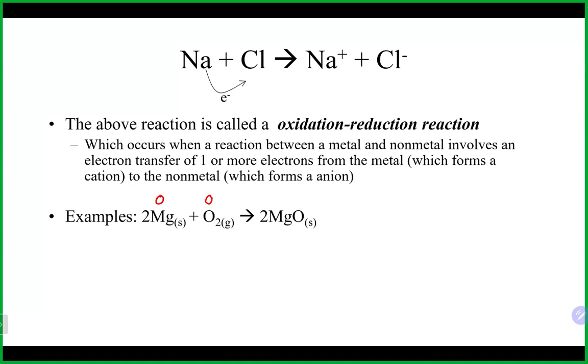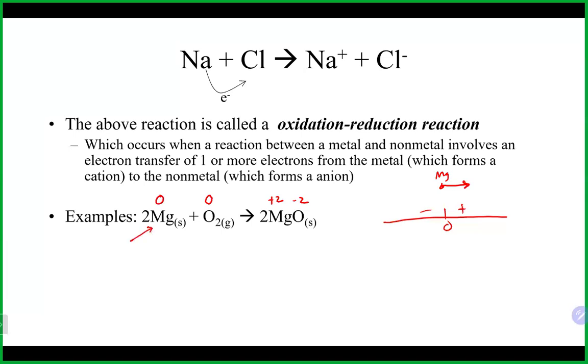When those two come together to make that white little powder that forms when you do that, the magnesium is group 2, which now has a +2 charge. Oxygen is group 6, which has a -2 charge. Once again, if you take a peek at our number line, magnesium started at 0 and ends at +2, becoming more positive.